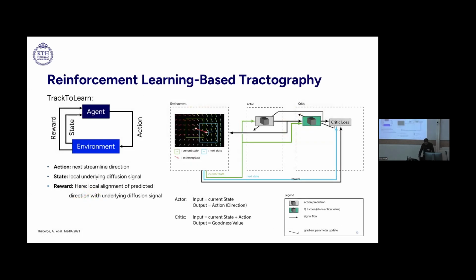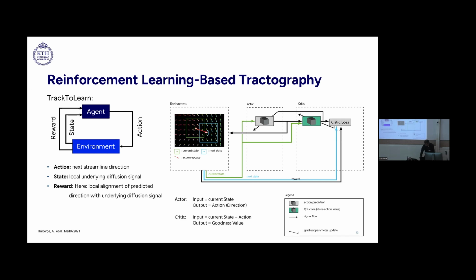So reinforcement learning. The idea is that given this point, we need to predict the next position of the streamline. And for that, we use this reinforcement learning approach, in which you use the information from the neighborhood, and the agent's idea is to predict the next position.